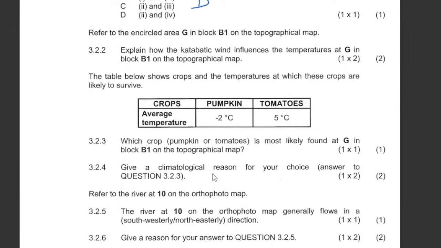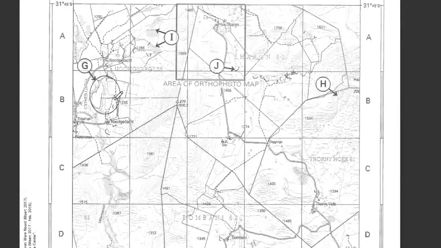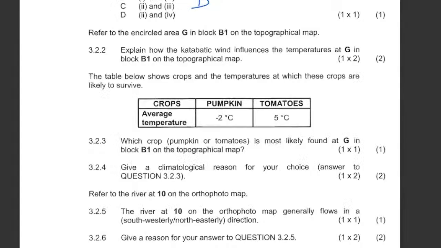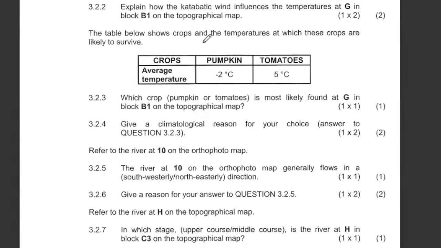Explain how the katabatic winds influence the temperature at G in block P.1 on the topographic map. Katabatic winds at G. When you check G, let's check on the map. Come here, G is here, just at the lower section, and here is mountainous. So how does it influence?